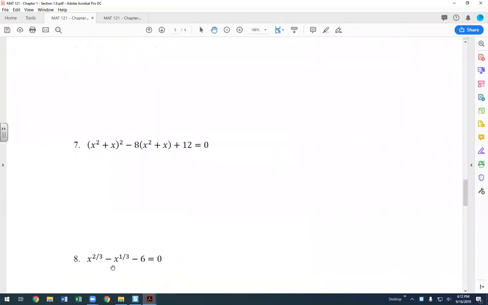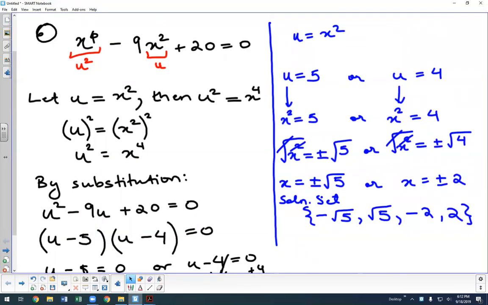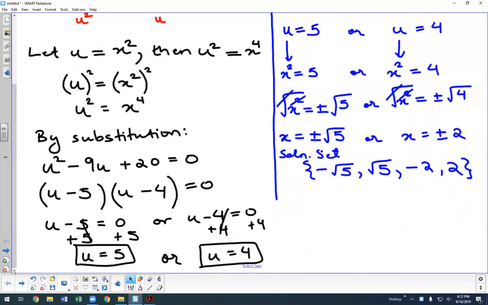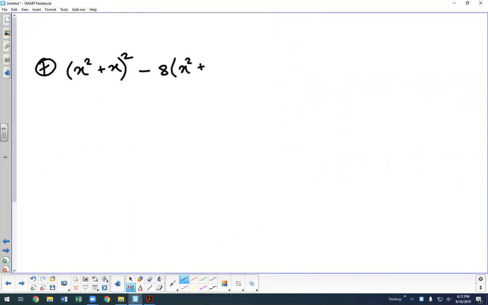Okay. So what do you think happens with number 7? Go ahead. We've got x squared plus x, and that is the whole thing to the second power, minus 8 times x squared plus x, plus 12.